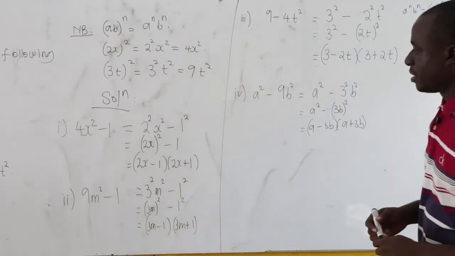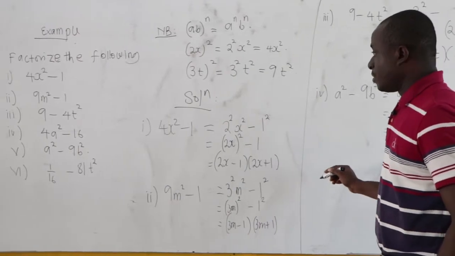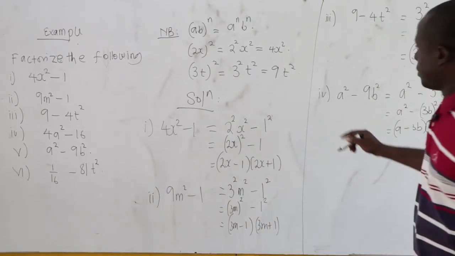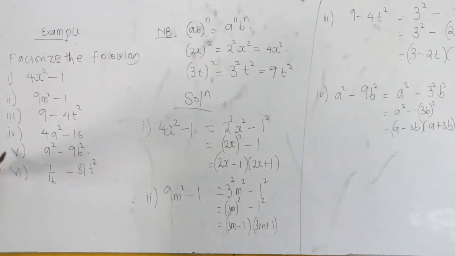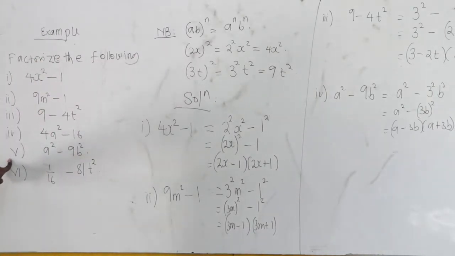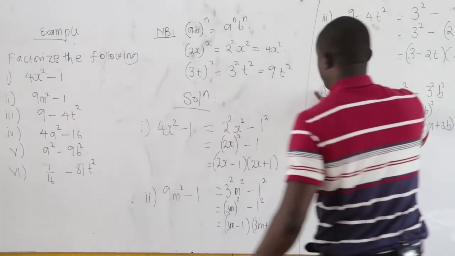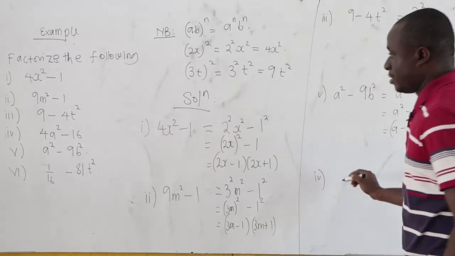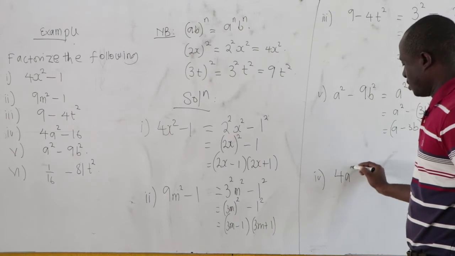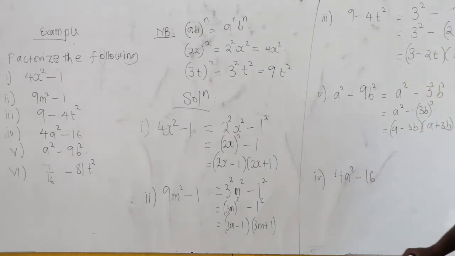Now let's consider the fifth. Now this is the fourth one, so I've rather interchanged it. So this should be our fifth one. Our fourth one was rather 4a squared minus 16.